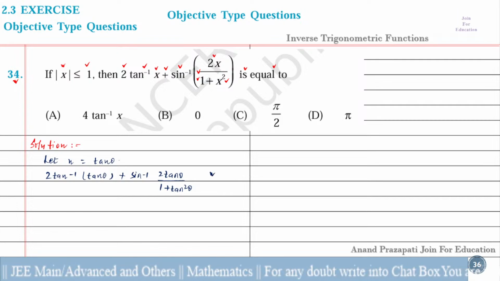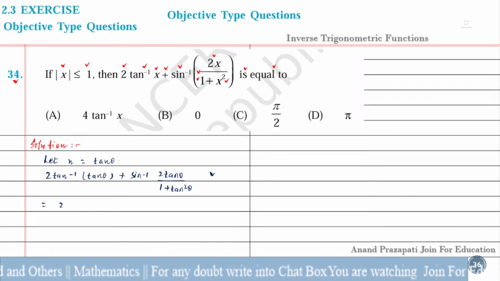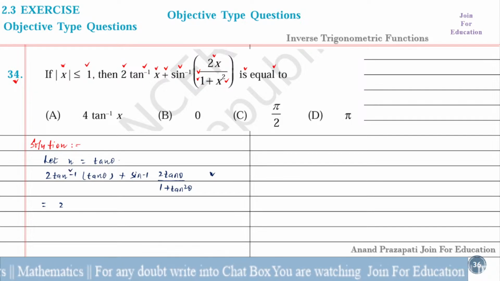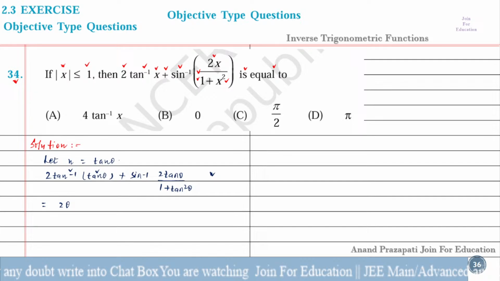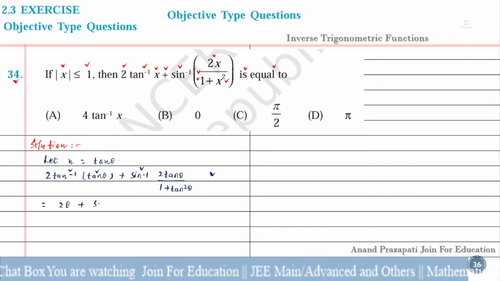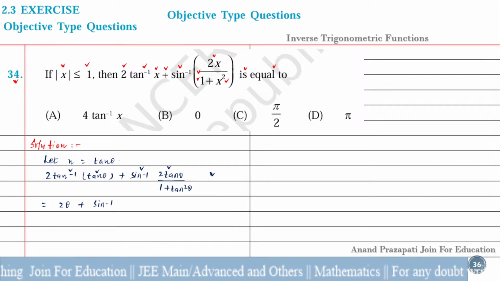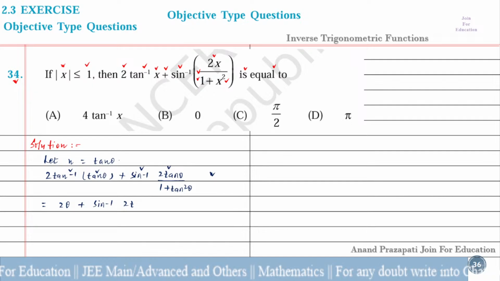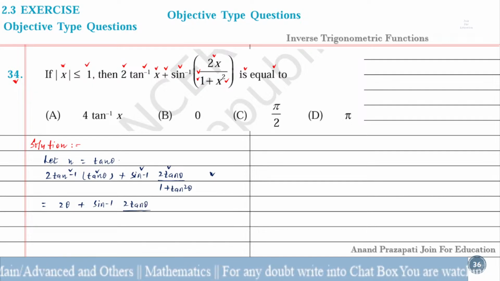Therefore, the next step will be 2 tan inverse tan theta, which equals 2 theta, plus sin inverse of 2 tan theta by 1 plus tan square theta.